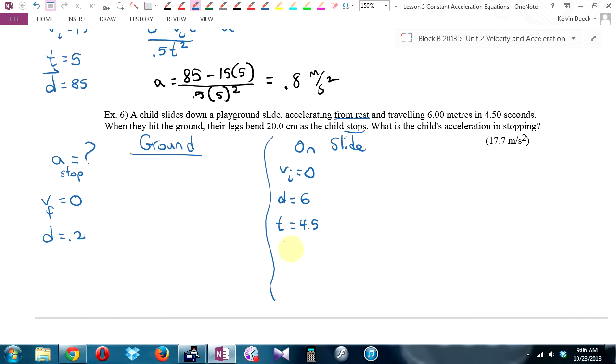We're going to say find V final. So even though this question said find the acceleration, I'm going to spend a lot of my time not doing that. Is there an equation that has V initial, D, T, and V final in it? I hope. Is there? There is?